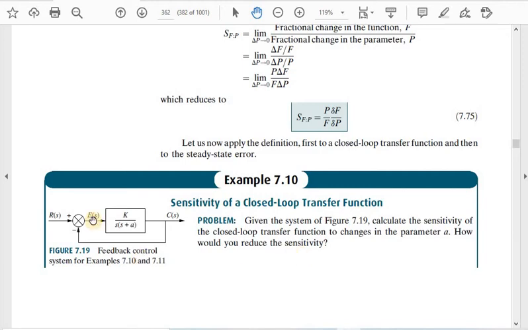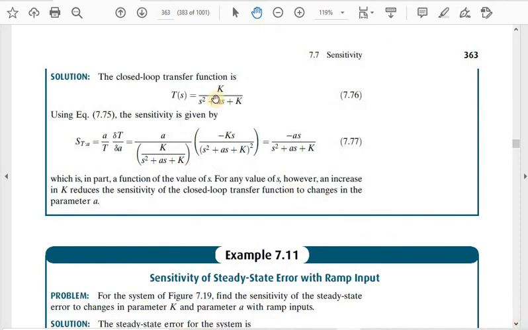The main idea, first we have to calculate the closed loop transfer function, and for that closed loop transfer function, the parameter is a. In this formula we represented parameter by p, and f is our function. So here the function is our transfer function, and the parameter is a. So first thing is to calculate the closed loop transfer function.